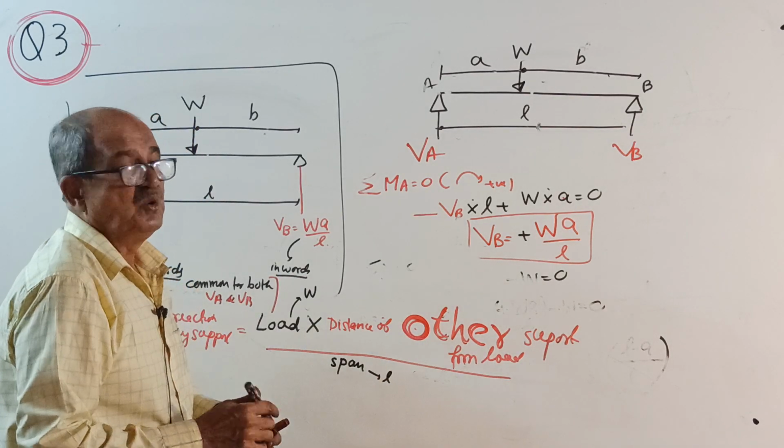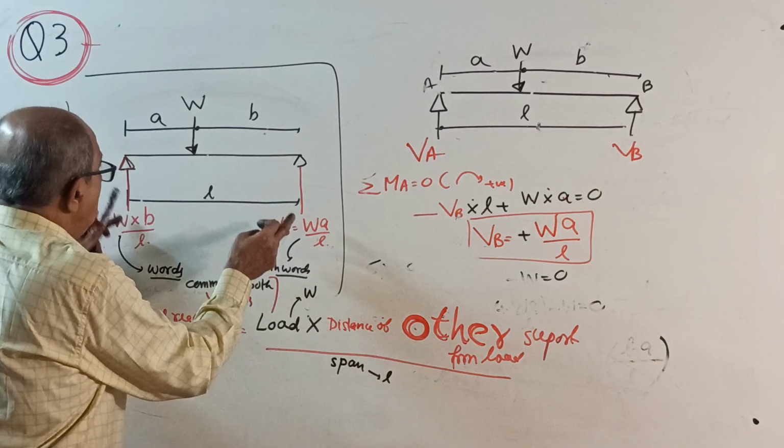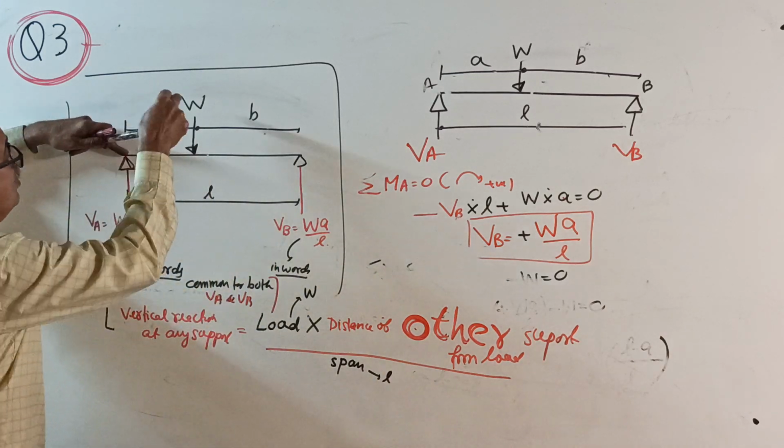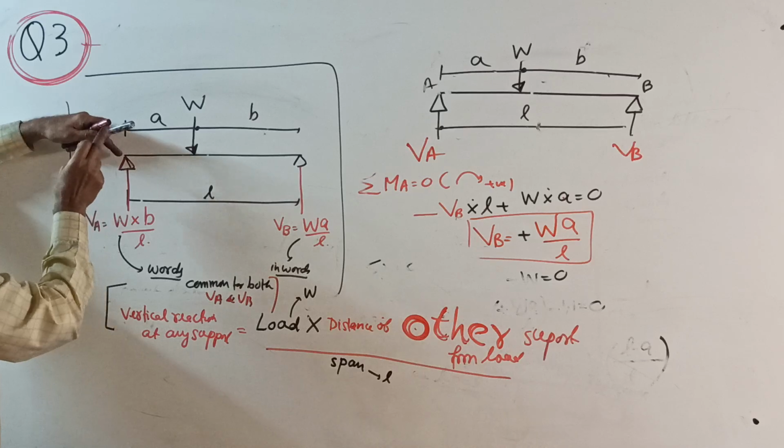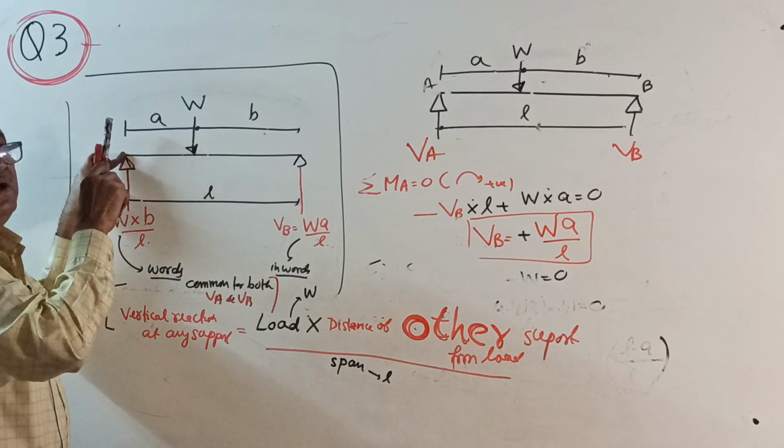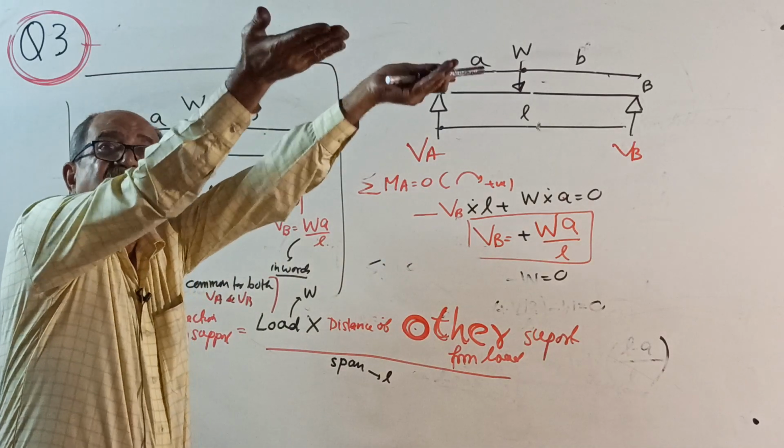Okay. So whether you want VA or VB, see here, VA equals load W into, if you want the reaction here, it will be based on the other.